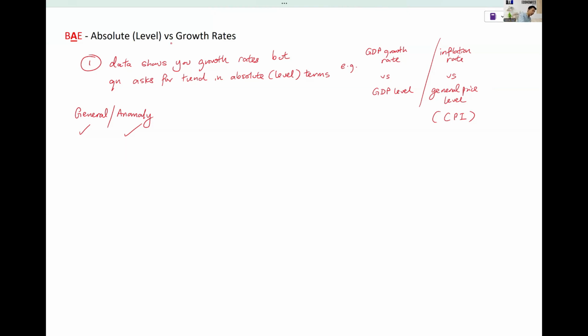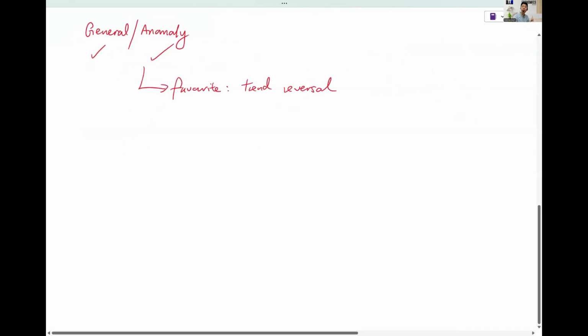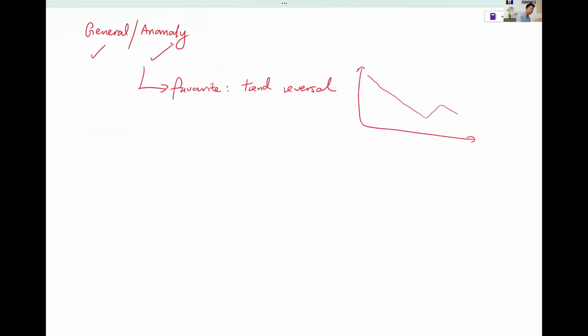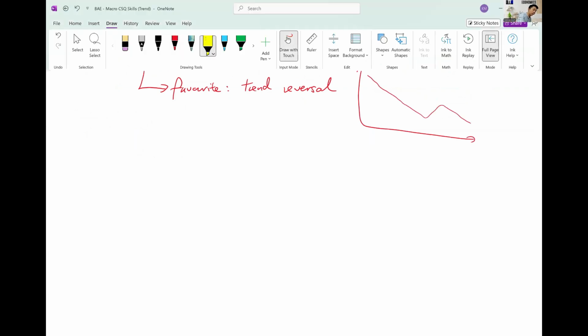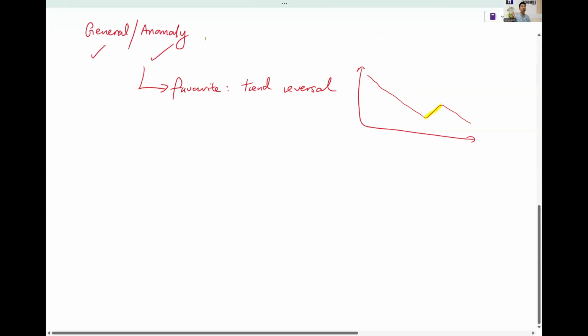The best one, our favorite anomaly, is a trend reversal. This is the best anomaly you can find, which means it was going down throughout. Oh, this is the trend reversal. We should pick this up as your anomaly. Favorite.